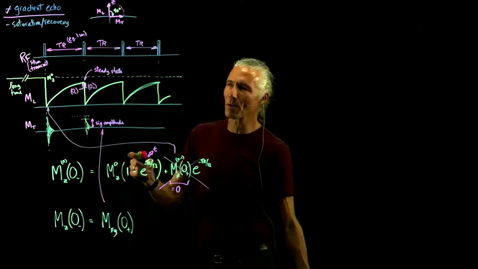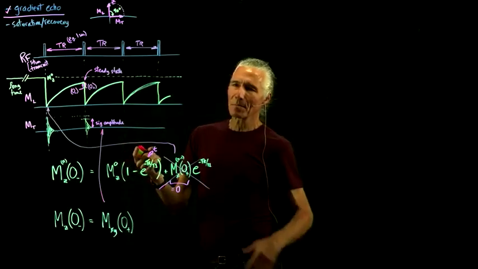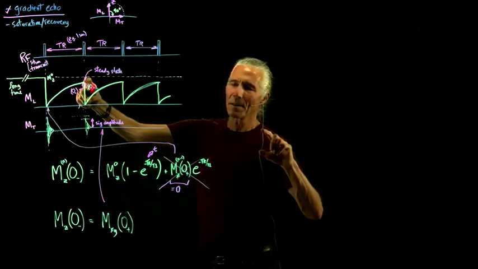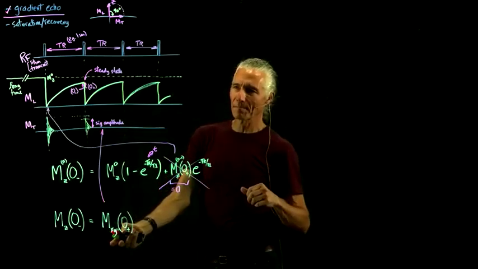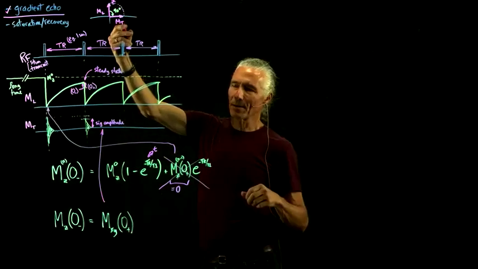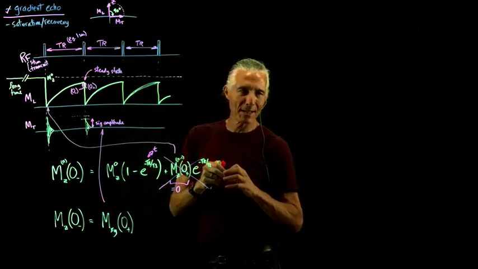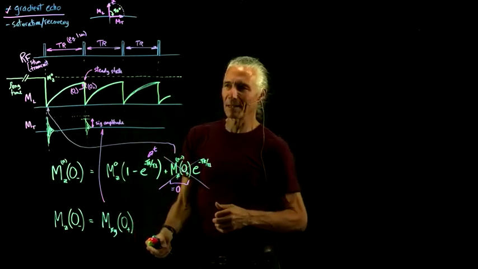The only way we can record T1 is do something that allows some T1 to get somewhere, like here, and then turn it into transverse magnetization by doing a 90-degree flip, and then hopefully before there's any decay from T2, record the signal really quickly.